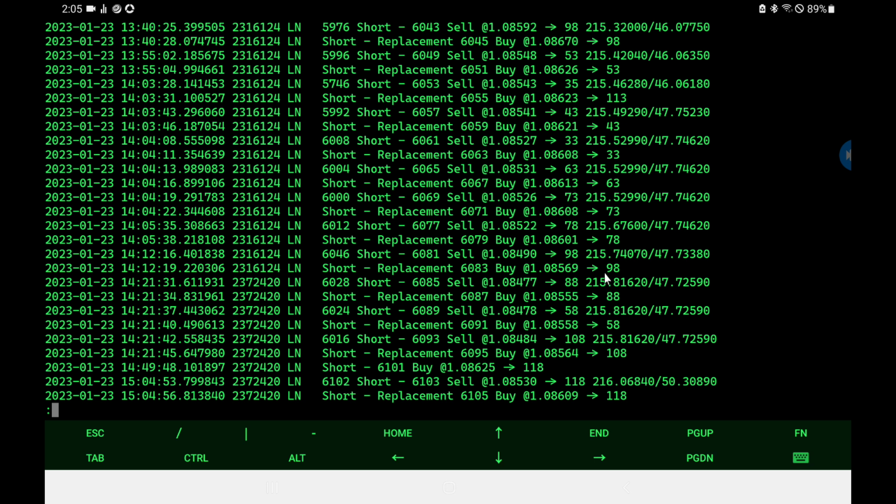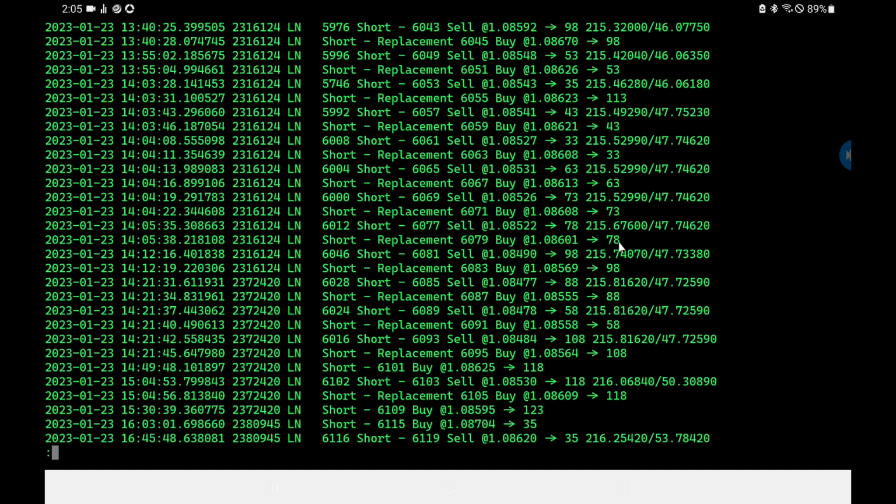Now, of course, the unit sizes themselves don't have to be prime numbers. As you can see, 78 is not a prime number. Neither is 63. So you can see that the algorithm is very flexible for trying to figure out what unit size to use. And it's very dynamic in the process.